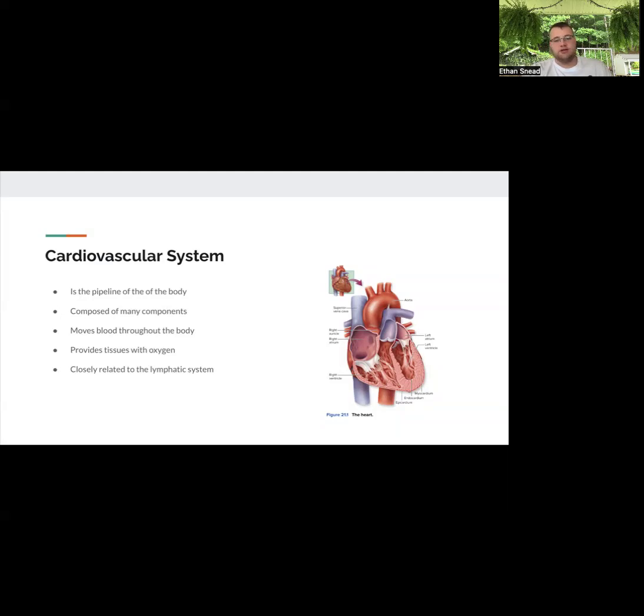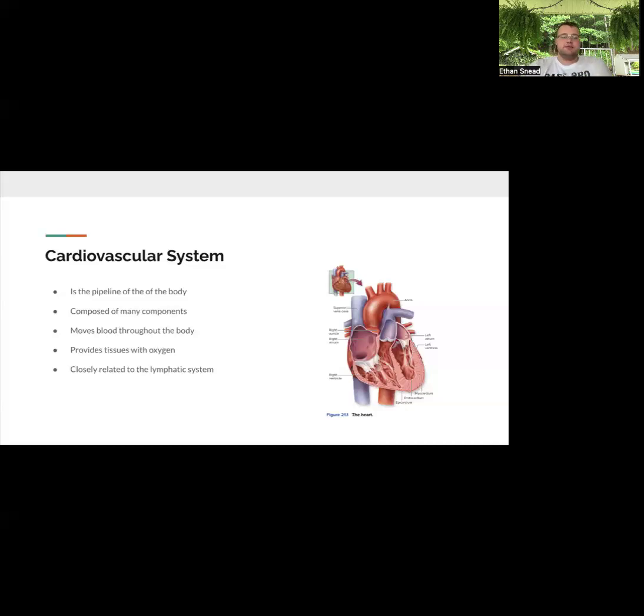The blood vessels help move the blood throughout all regions of the body, and the heart pumps the blood through the body. These also provide the tissues of the body with oxygen and nutrients, and carry away the carbon dioxide and waste products, delivering them to the organs needed for their removal.